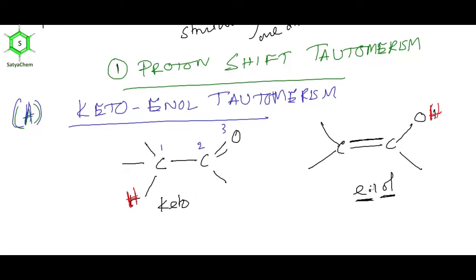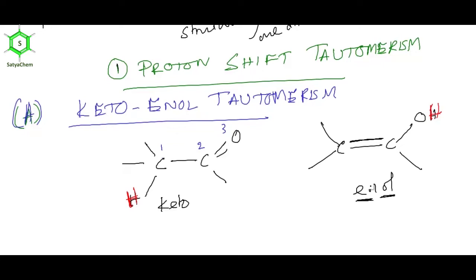Now one question is very important. I think this question is knocking in your head: which one is stable, keto form or enol form? This answer can be given from the concept of thermodynamics, because we chemists learn thermodynamics to know whether a process is feasible or not, or whether a compound is how much more stable than another compound.